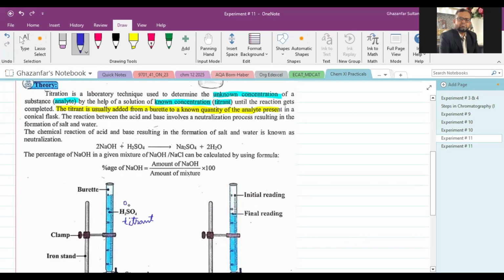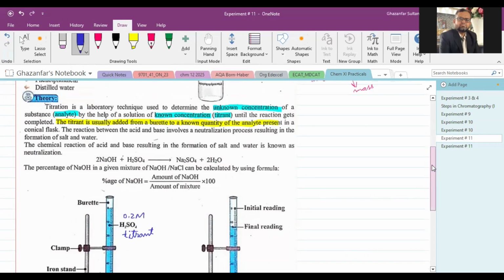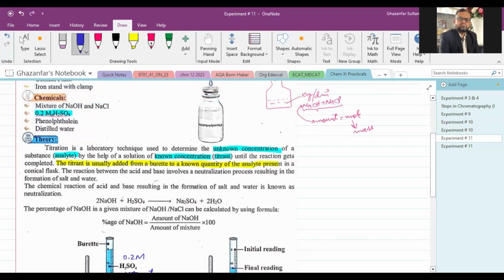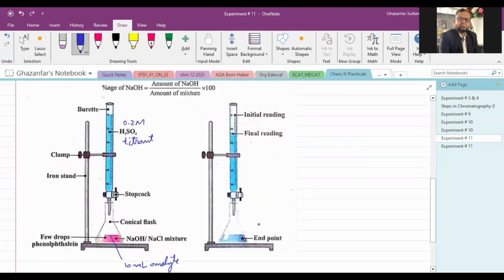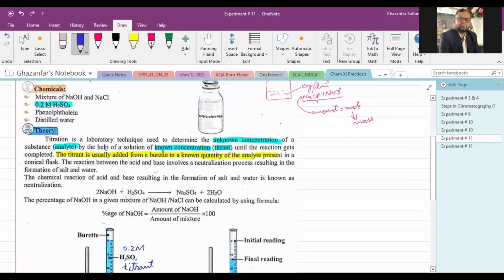It is 0.2 molar, that is given in the chemicals, and it is already given in the object. And this is the analyte, and we know its quantity. So usually the material that has the known concentration is added.